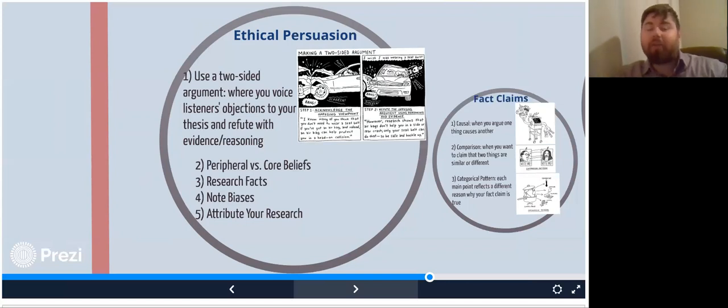Now, you also want to research facts. You want to have good information, good data, note biases, figure out who's biased where. So, for example, if a farmer receives government subsidies, and subsidies means that the government gives them money to grow their crops, even if they don't necessarily sell them, because that's how I understand subsidies.